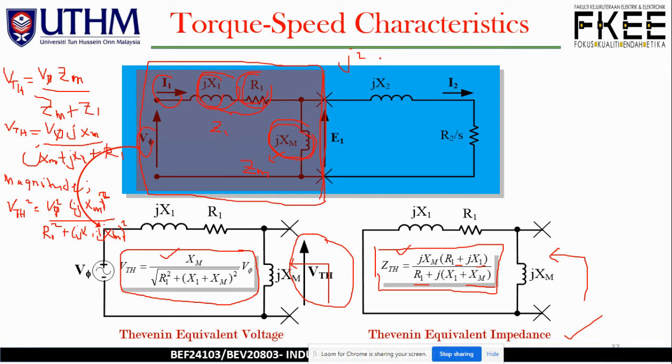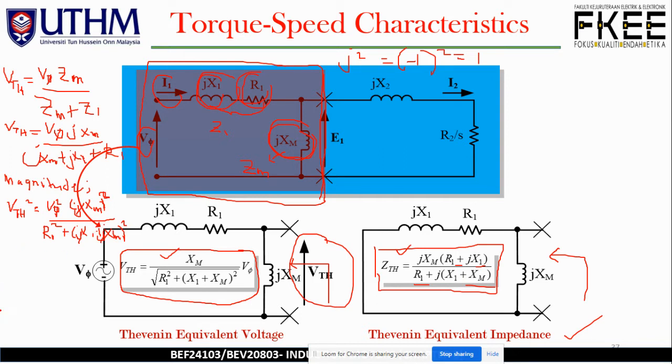So remember what happened if we have j squared. Since j squared is equal to minus 1, squared gives 1. That means we have eliminated j over here. Now what is left?